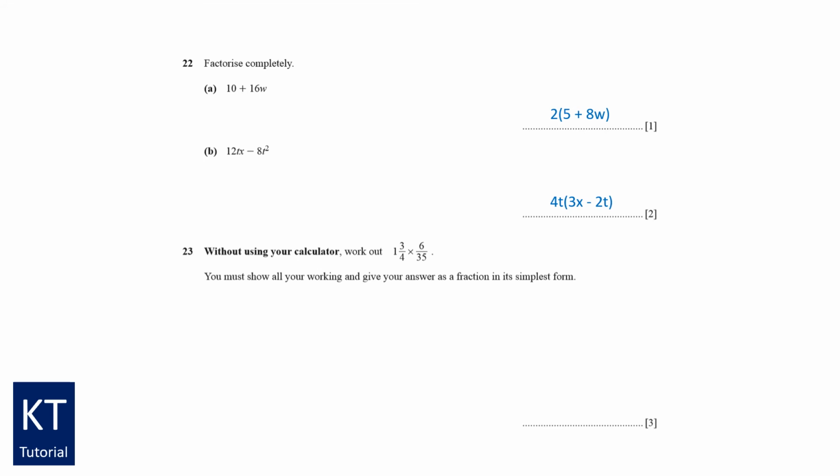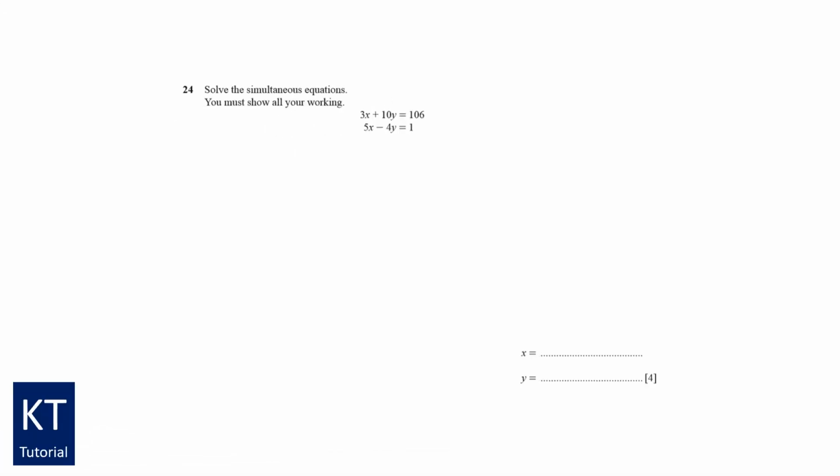Question 23. Without using your calculator, work out the product of the fraction. By expressing the mixed number as improper fractions, then performing the simplification as shown, it will get us to the answer of 3 over 10. Question 24. Solve the simultaneous equations. You must show all your working.